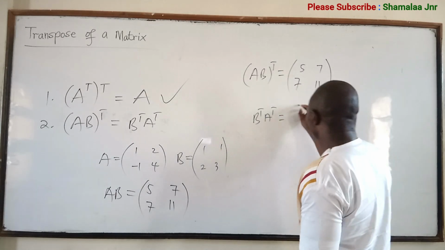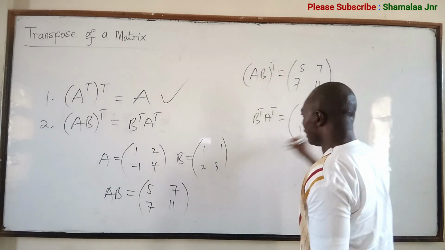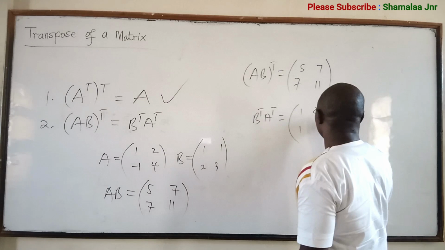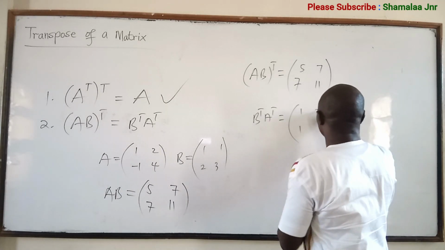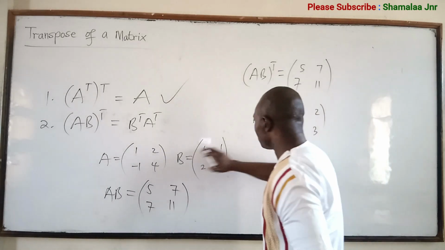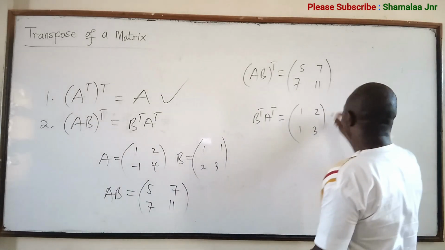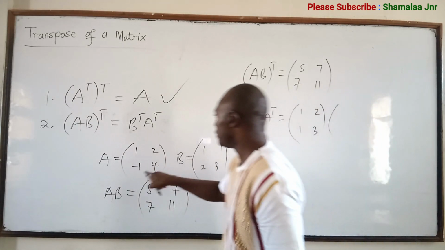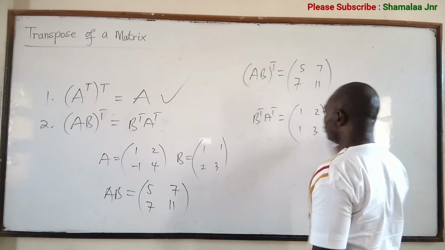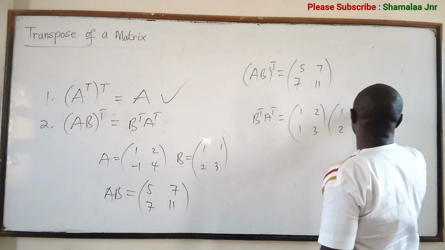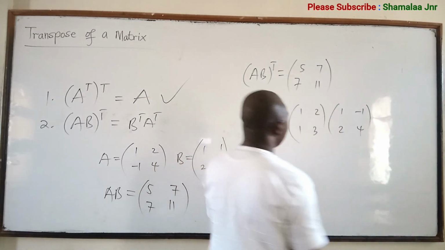B transpose will be 1, 1, 1, 1, 2, 3. This way. And you take this one and place it this way, times A transpose. A transpose will be 1, 2, -1, 4. This way. Isn't it?